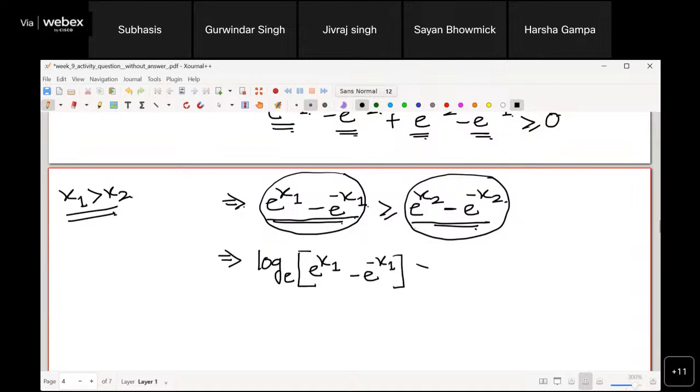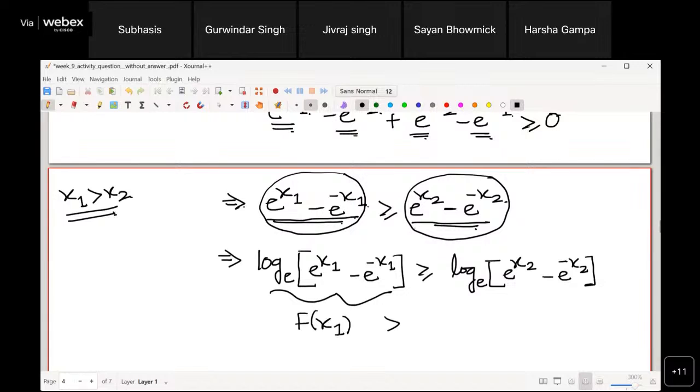That means log base e of one is greater than log base e of the other. Instead of ln e, I am writing log base e. And this is precisely my f of x1, which is greater than or equal to f of x2.